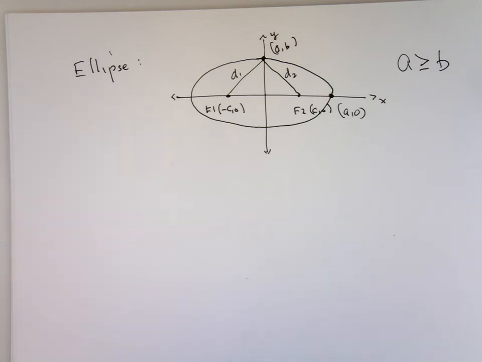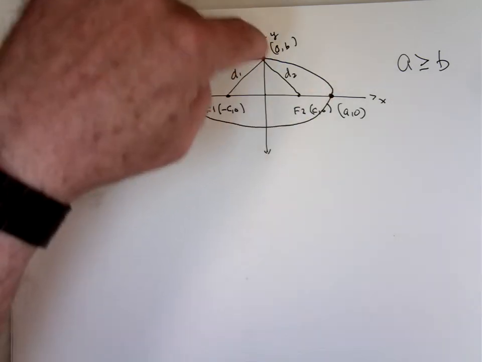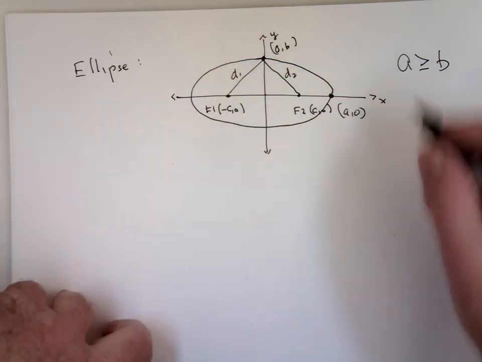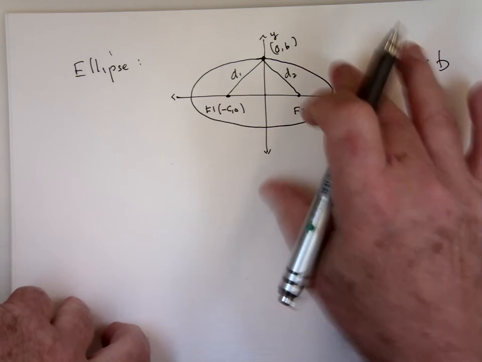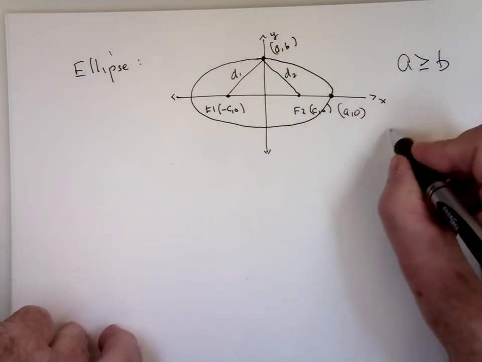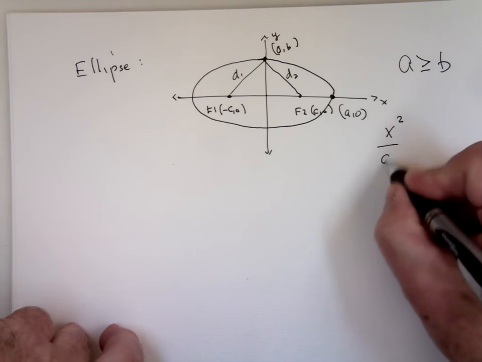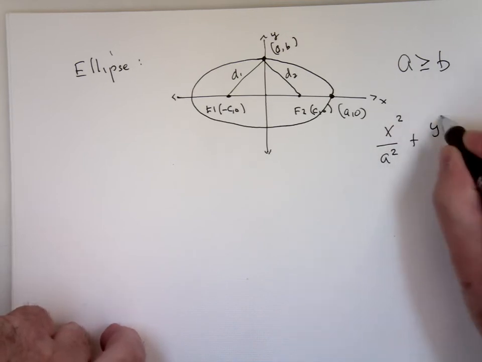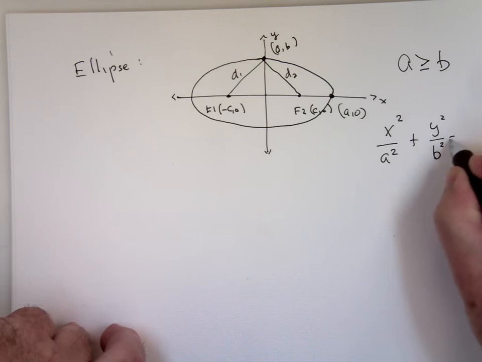A will always be the greater of the 2. The equation of this ellipse, I'm just going to give it to you. Deriving it is messy. The equation of this ellipse is x²/a² + y²/b² = 1.